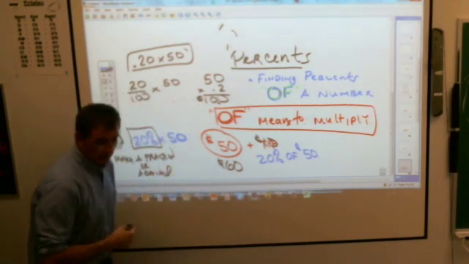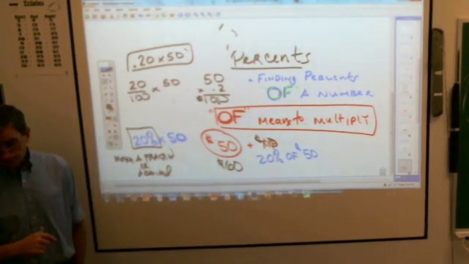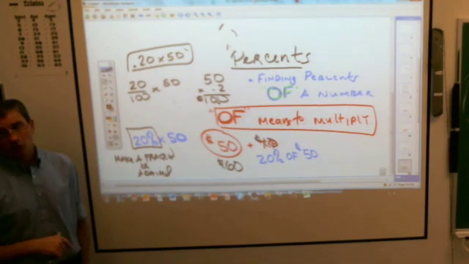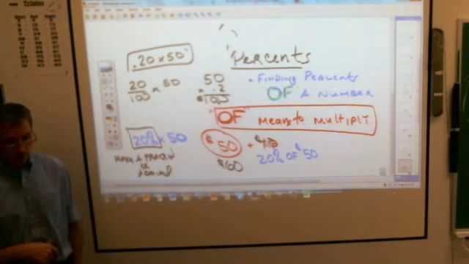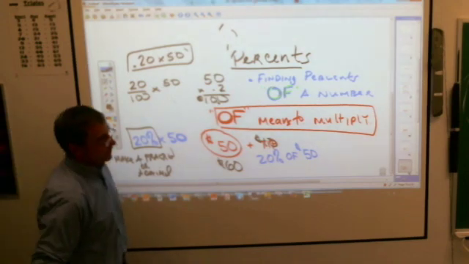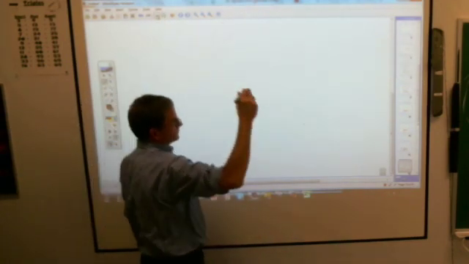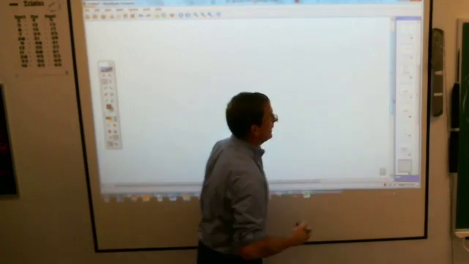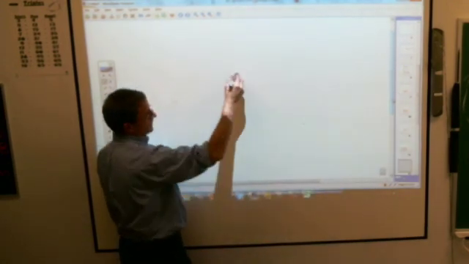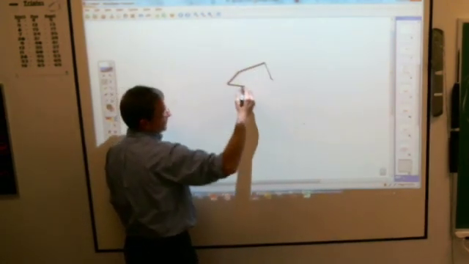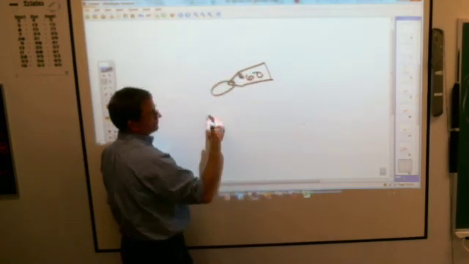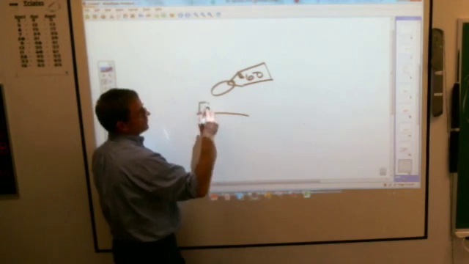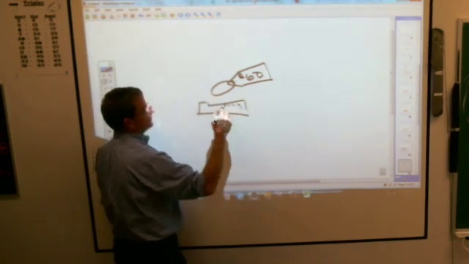The other place you pay percentages, and I guarantee you've done this yourself numerous times, unless you live under a rock somewhere. When you go to the store and you buy whatever pair of sneakers, and I don't know what your sneakers cost, let's say they're $60.